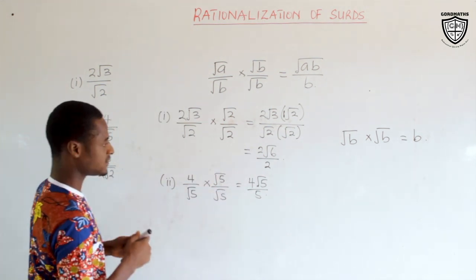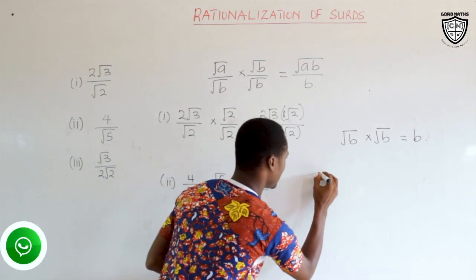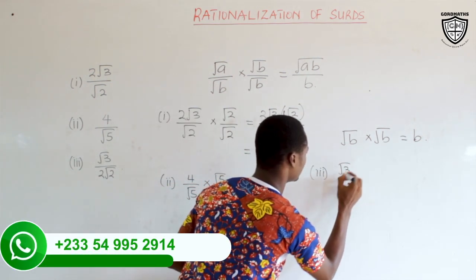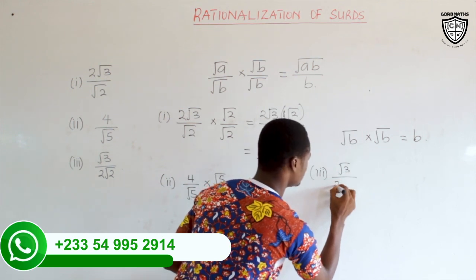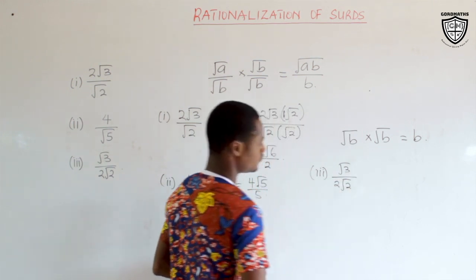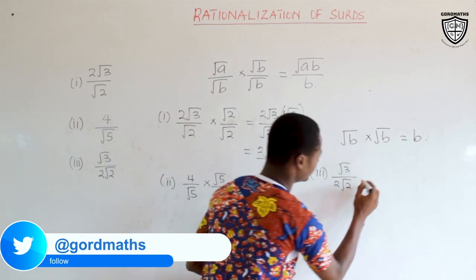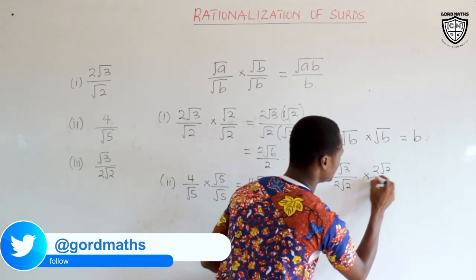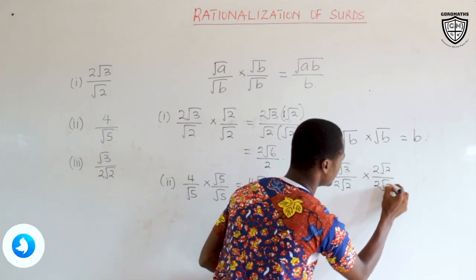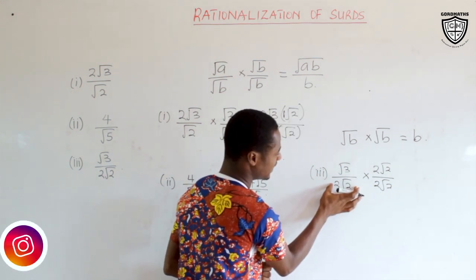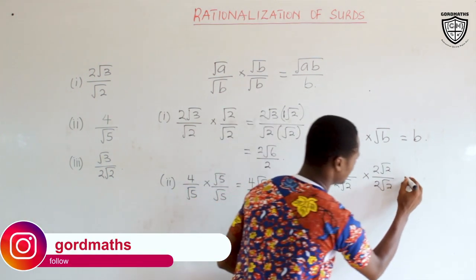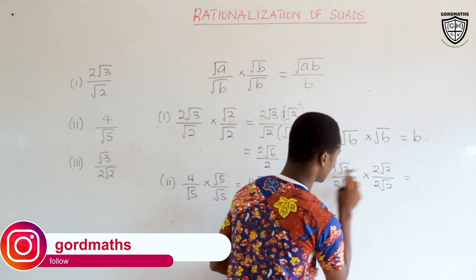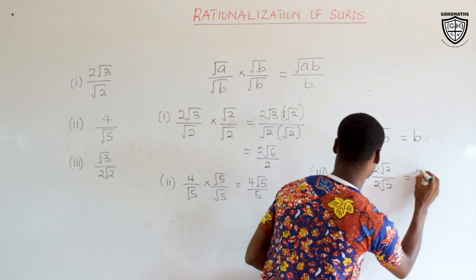Let's take the last example, where we have square root of 3 divided by 2 square root of 2. In finding the equivalent fraction, we multiply both the numerator and the denominator by 2 square root of 2, which is the number we have as the denominator. This will give us, this is 1 root 3, so 1 times 2 gives us 2.